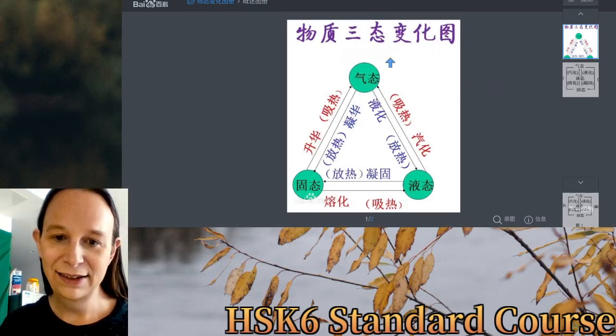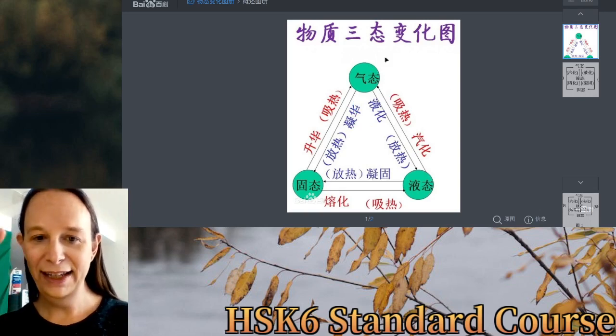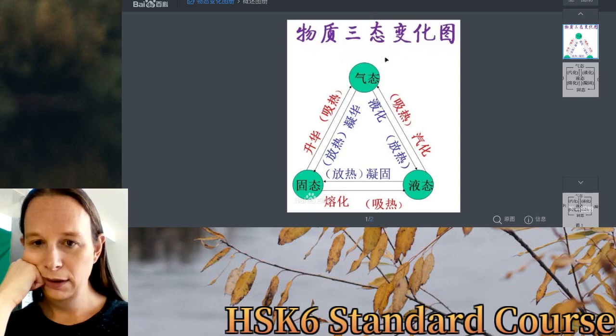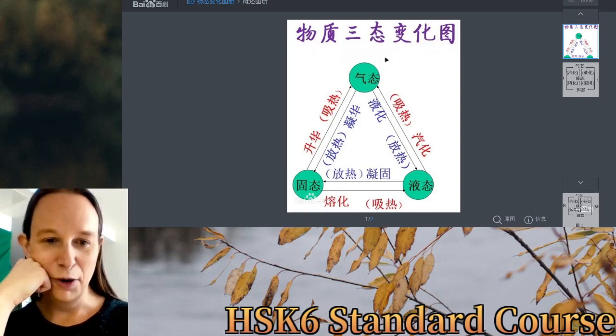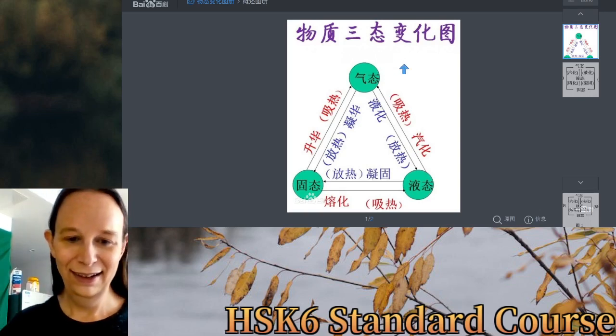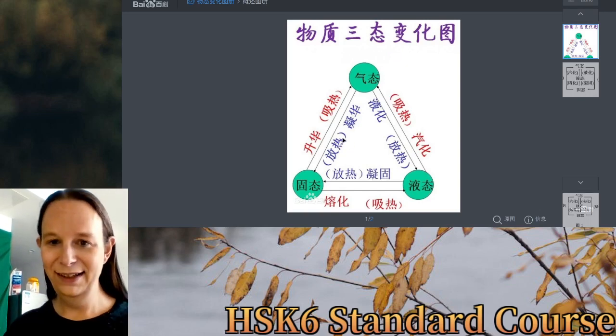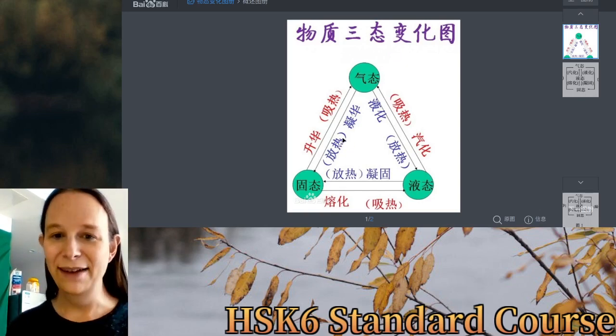凝华. So 凝华 is going directly from a gas to a solid, like snow. 放热. Oh, 放热 is you cool it down, basically.